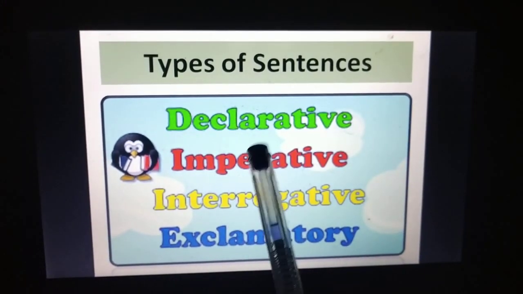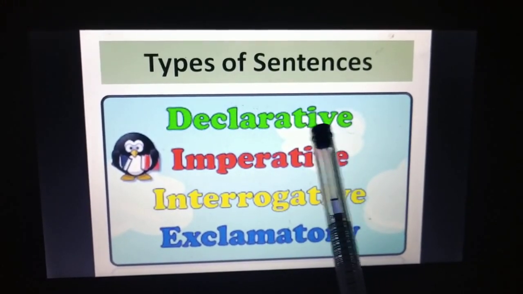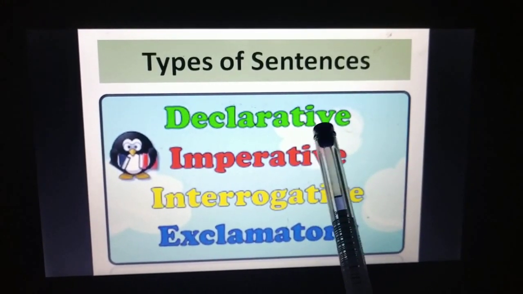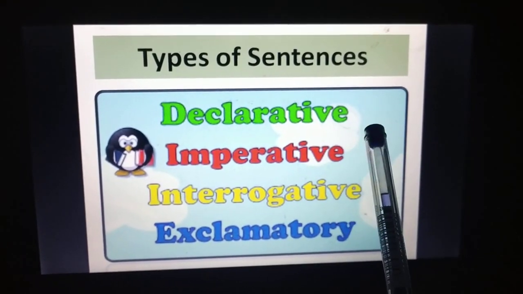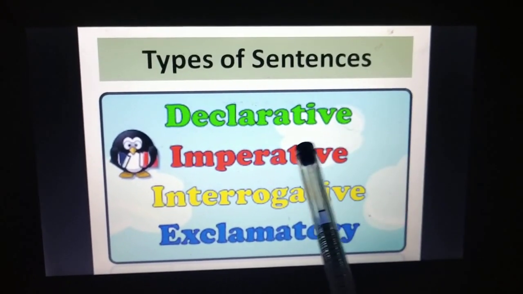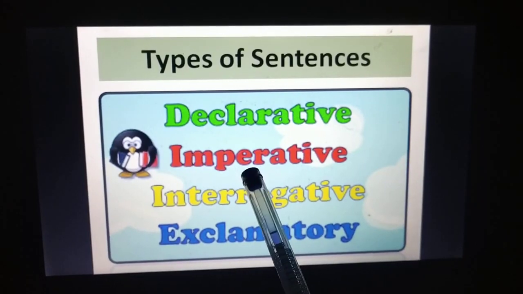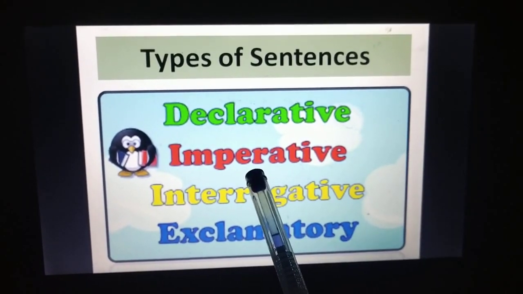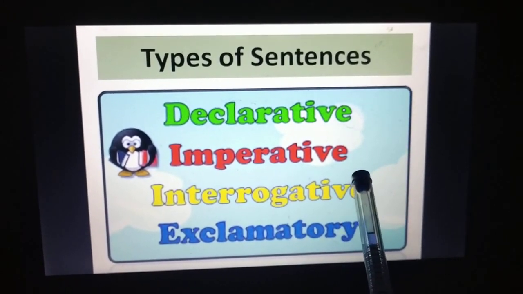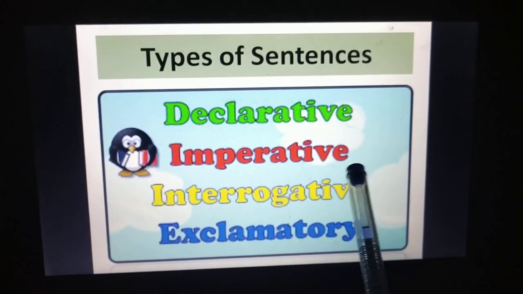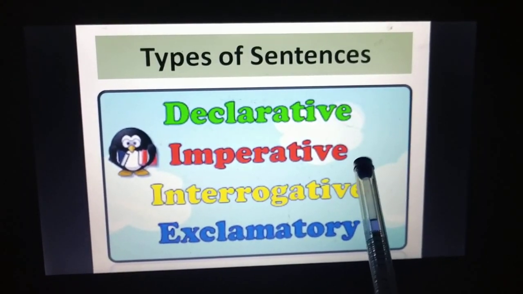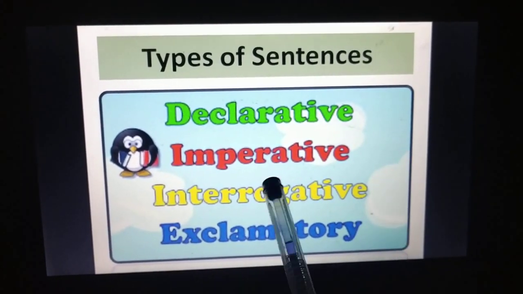Declarative sentences are simple sentences in which simple statements are given. Second type is imperative. In imperative sentences, orders, requests or commands are given.